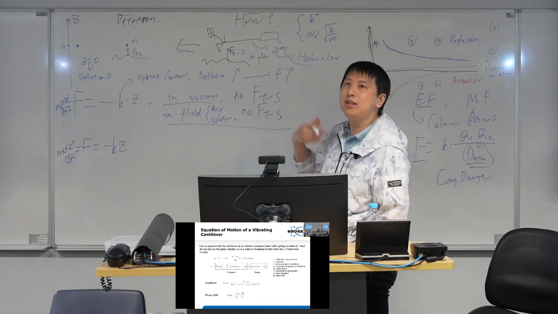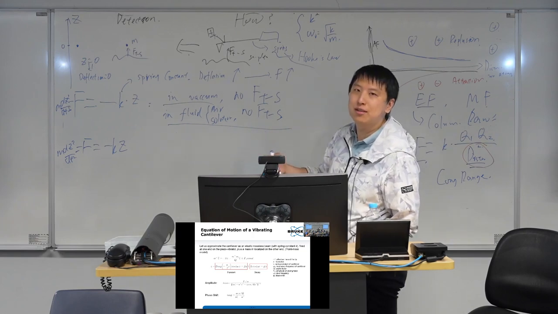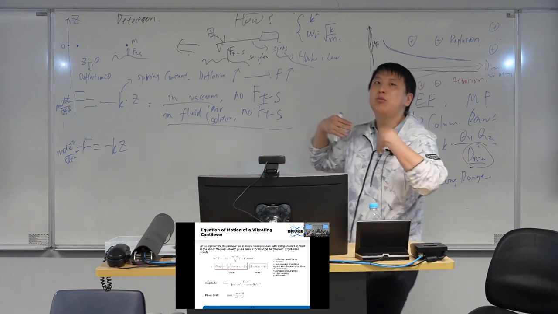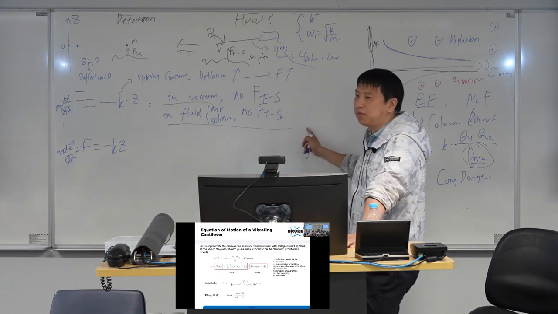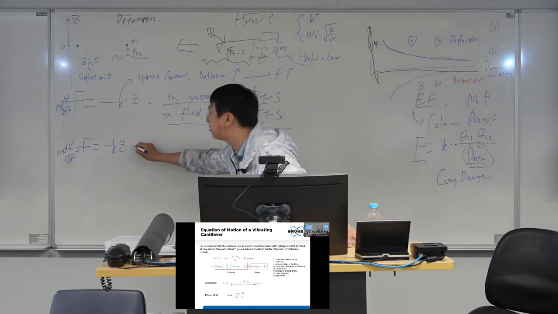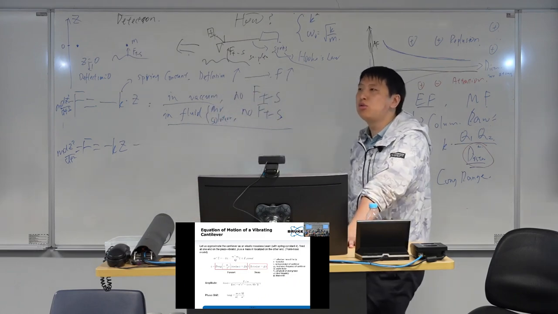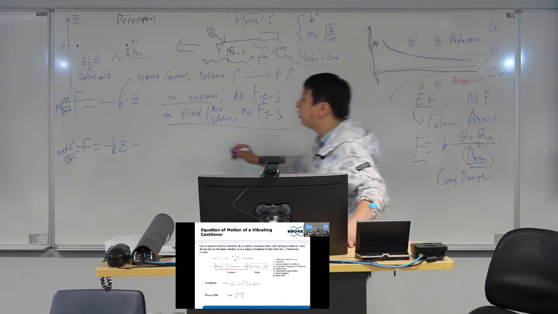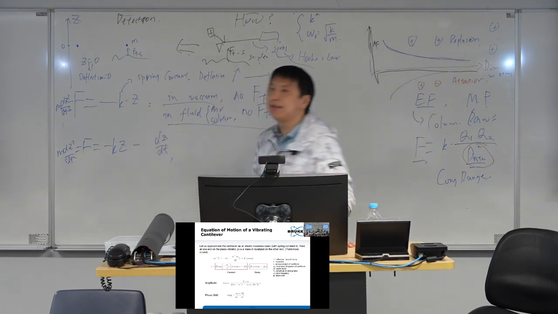If you run in the wind, if you run faster, you will sense the wind will give you more friction. So this hydrodynamic force is, of course, negative, and it's proportional to our speed. So it's proportional to dz over dt.